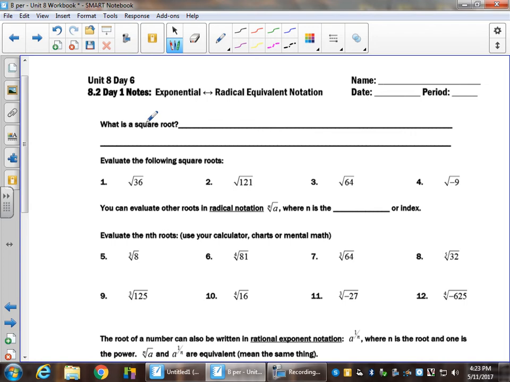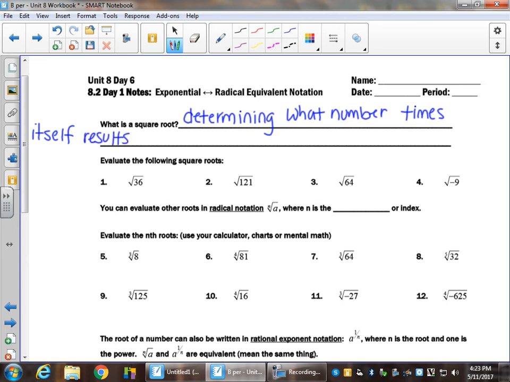When we talk about square roots, we're actually determining what number times itself results in what you're taking the square root of.